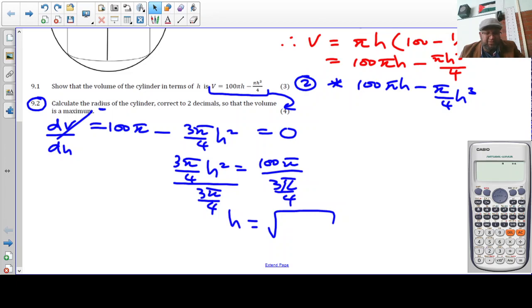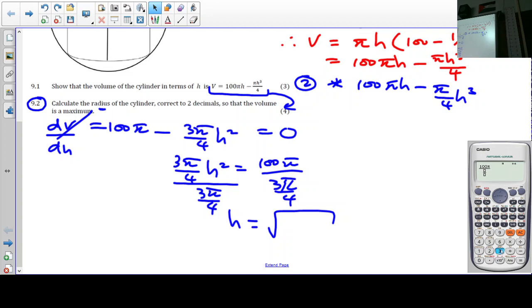Okay. So if you're putting this in the calculator, it's simply going to be 100 pi. Now some learners get this wrong. If you're getting this continuously wrong, rather put 100 pi divided by, and then you put the second fraction.